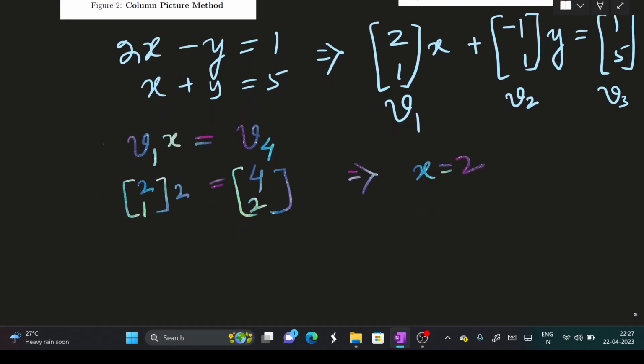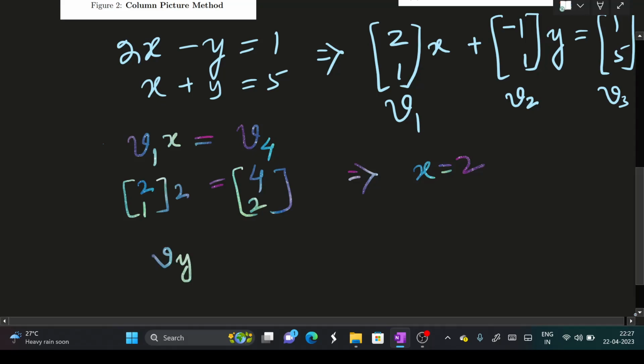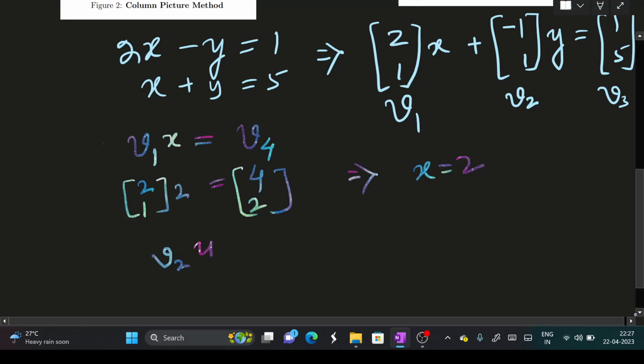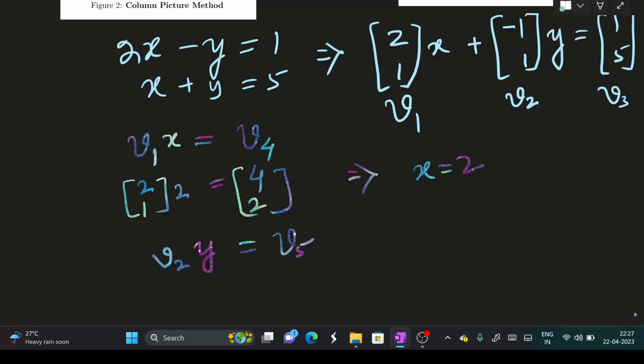Similarly, what about the other case? V2 times y is equal to V5. Then what about my relation?